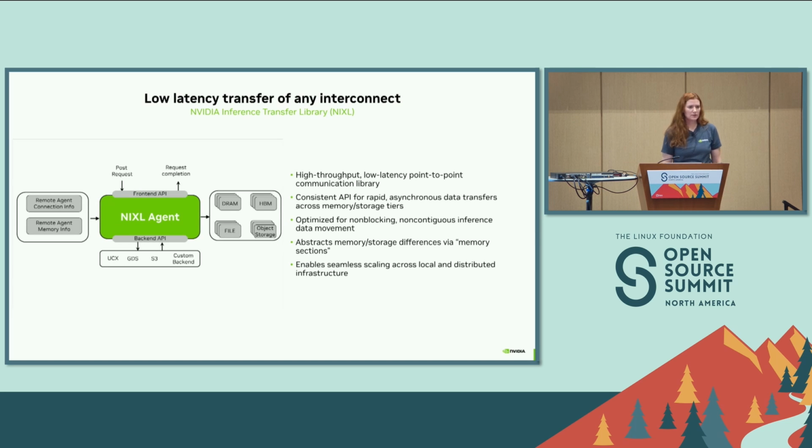So NIXL was also released together with Dynamo, and it's a separate open source library. So if you're interested in communication, you're more than welcome to become a contributor to our NIXL library. What it is, I would like to think about it as our logistics center.